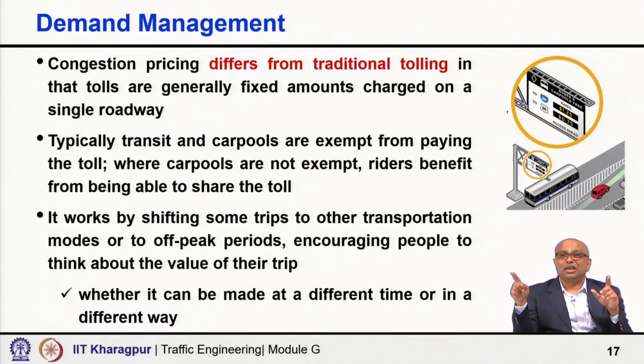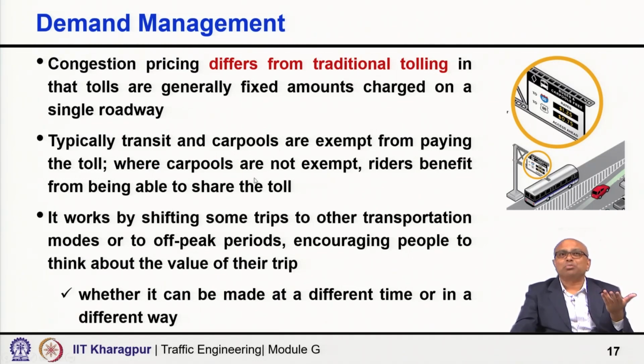depending on when you are travelling, and my objective is basically to reduce the travel during the peak hour through a charging mechanism. Typically transit and carpool are exempted from paying the toll, the additional charge, whatever you say, congestion charging, because I want people to use those vehicles. So, I should not charge them.